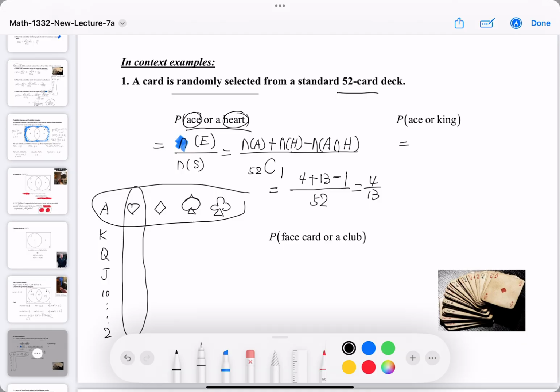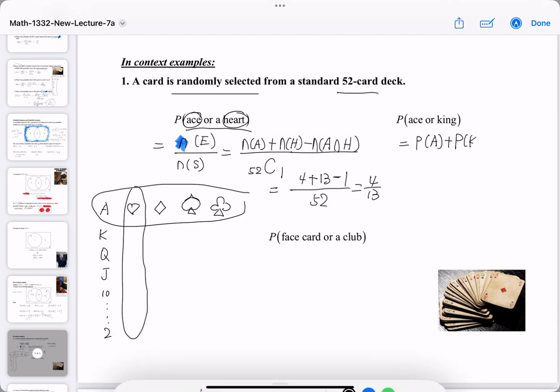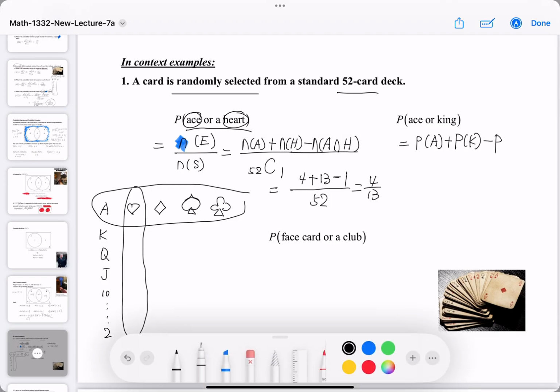We have learned the P of A or K, ace or king, equals P of A plus P of K, then minus P of A and K. Okay, what is P of A? In the previous example, we are using N over N. So on the top is N, at the bottom is also N. And now we are only using P. So you see P equals P.